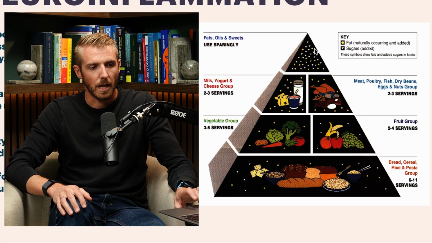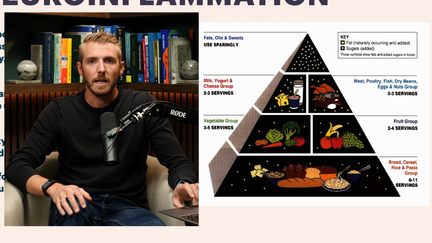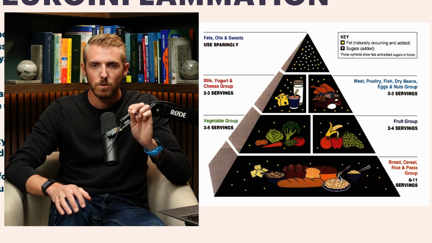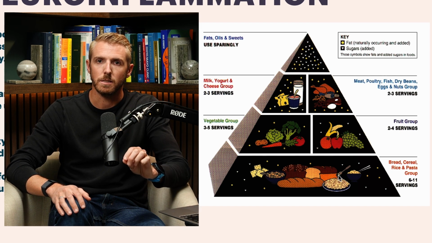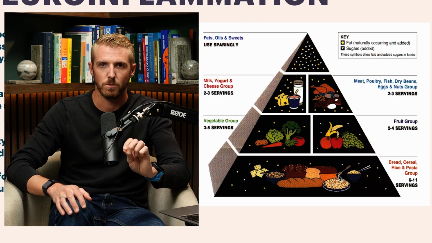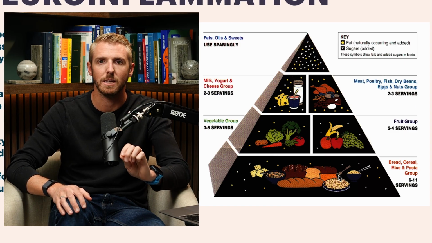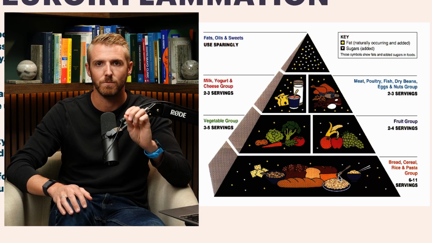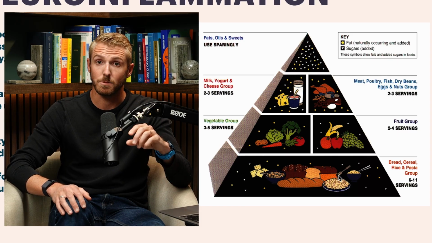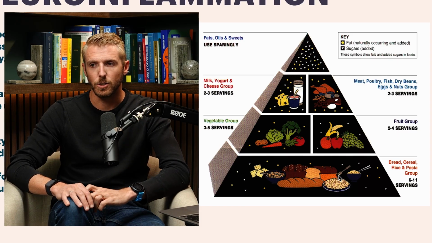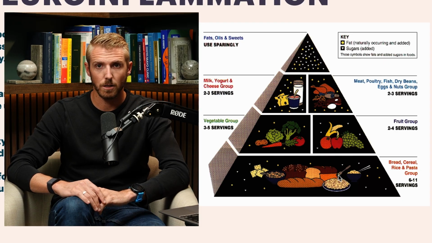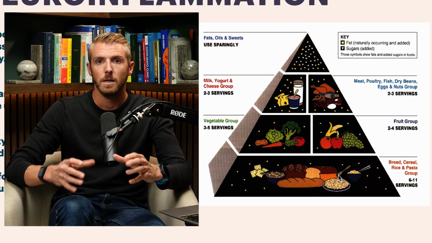This chart that came out in the 70s is absolutely wrong for our physiology. It is the worst recommendation that we can possibly give for normal human physiology. And I'm going to explain why. Humans have been around for hundreds of thousands of years.